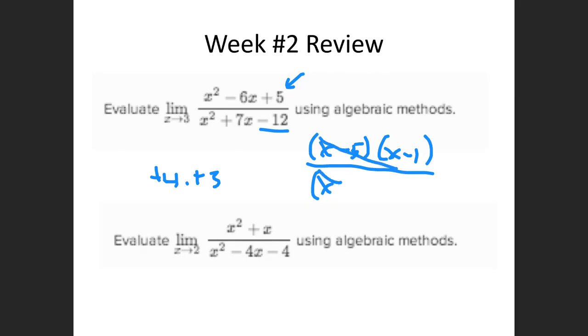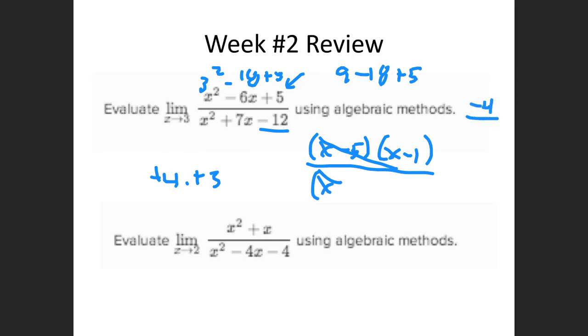All right, now I did not follow my own rules. Usually when I see a problem like this, I always think, oh, I got to factor it first. But I didn't plug the number in to see if it works, first of all. So if I put 3 in here, 3 squared minus 6 times 3, well, 3 squared is 9 minus 18 plus 5. So that's -9, so that's -4 on top.